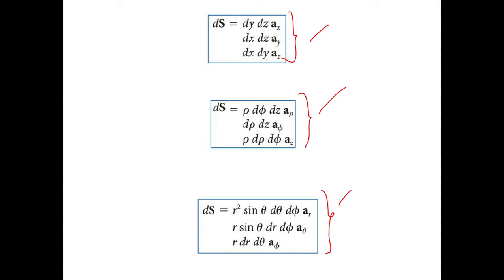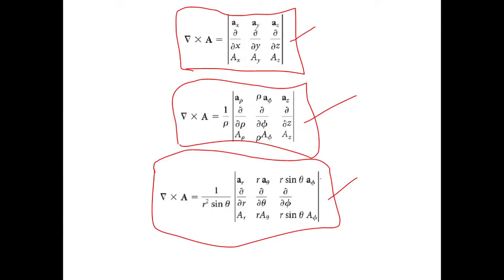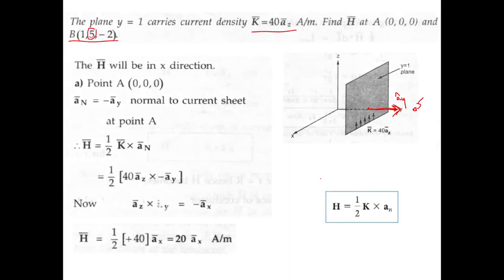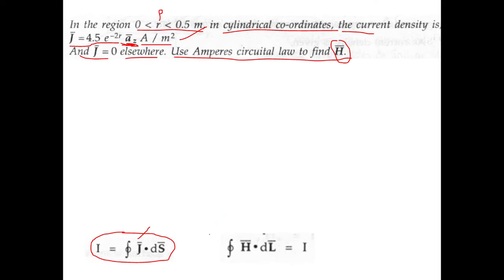So when AZ is the unit vector, this is the equation for ds vector, correct? So we know what is J here. It is already given in the question, and J has only dz. Now we are taking the top surface of the cylinder, so it will be of this form.